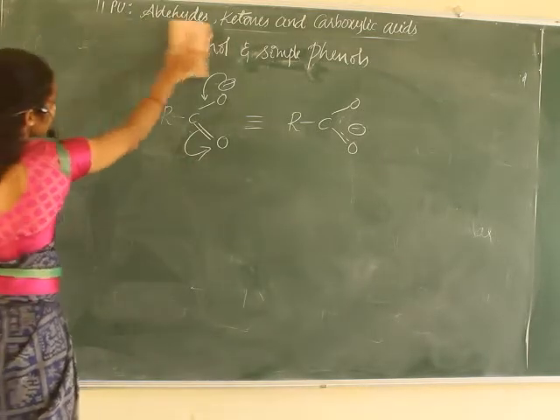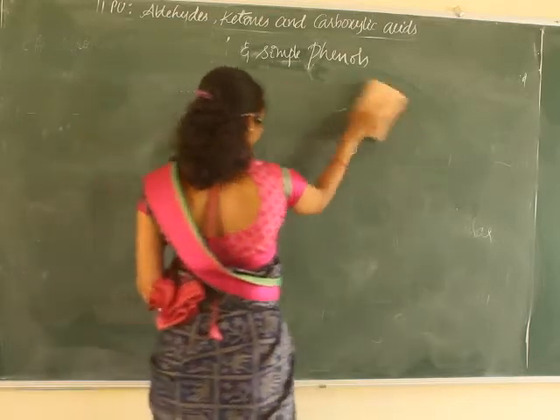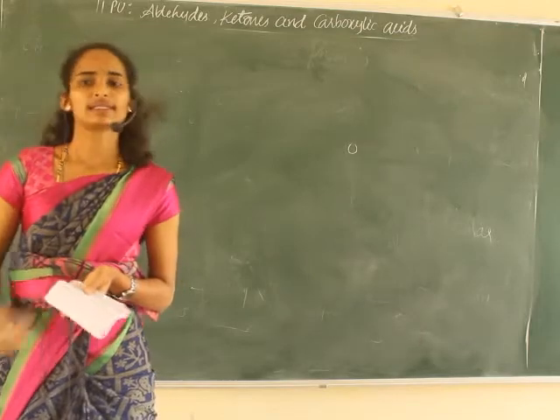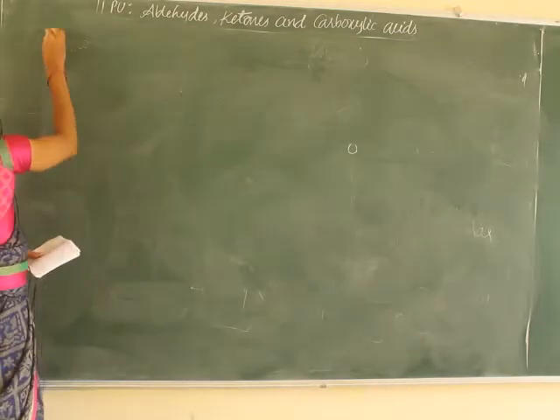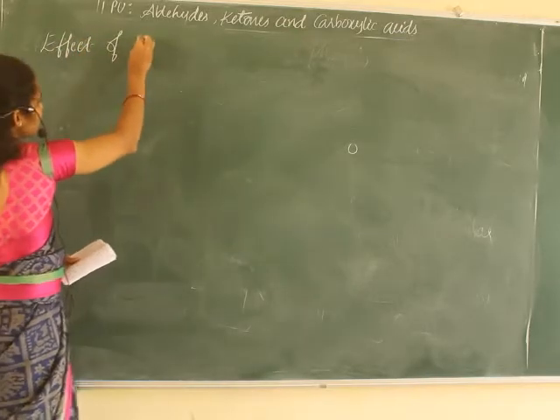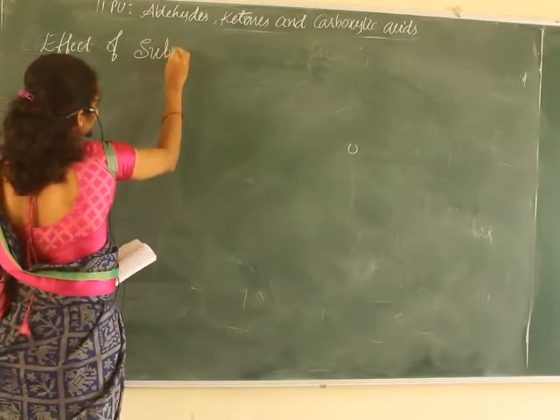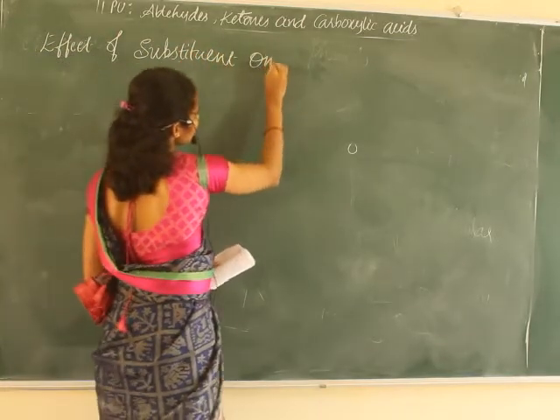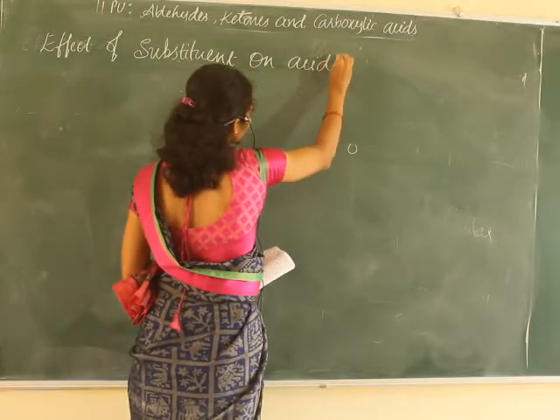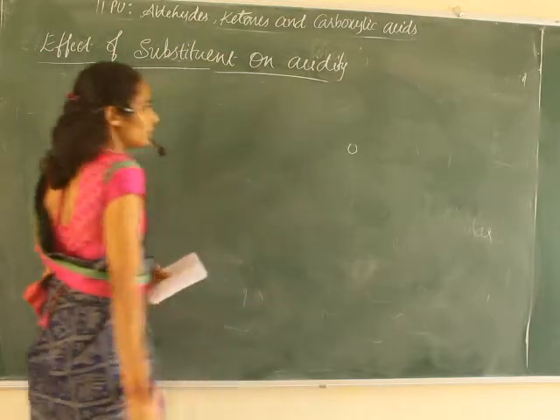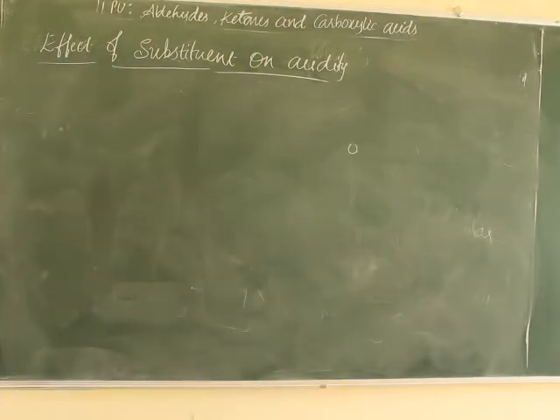Now let us discuss the effect of substituent groups on acidity. If an electron donating group is attached to a carboxylic acid, what happens?